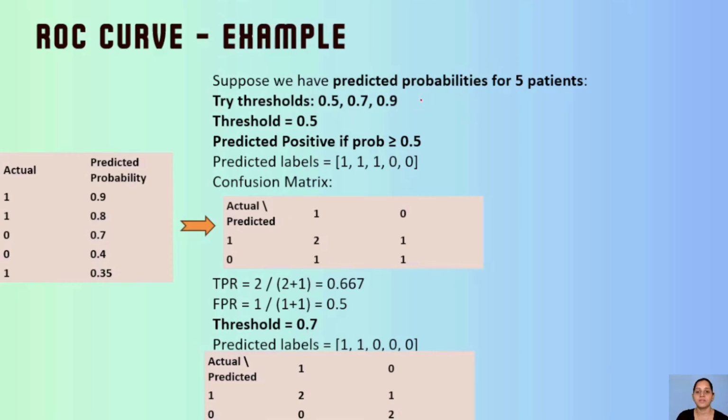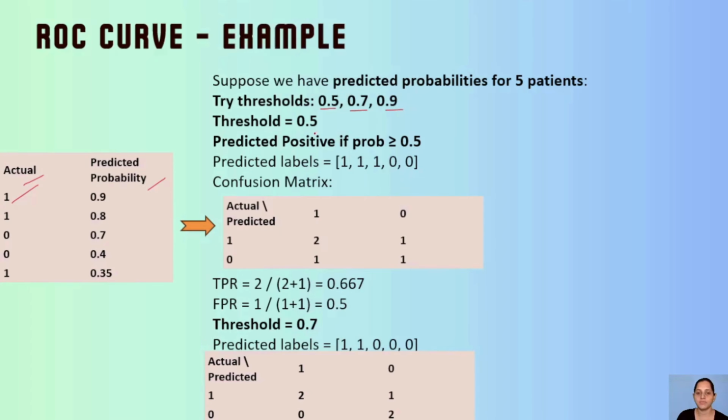I had taken the predicted probability for 5 patients. So here again we are considering probabilities, right, in case of the ROC curve. This is my actual value and this is my predicted probability for getting that actual value. What are the thresholds I have taken? I have taken 0.5, 0.7 and 0.9.